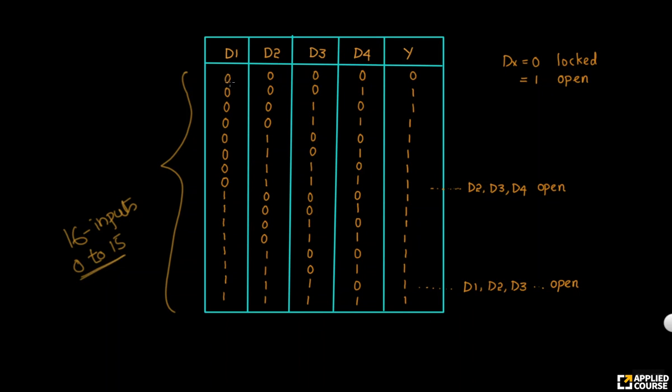If D1, D2, D3, D4 are all 0, obviously all the doors are closed and hence no warning is to be given.